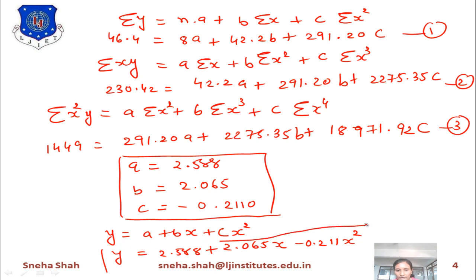So this is your final answer of the parabola for curve fitting. Now you have to estimate for each and every value of x. It means for each value of x, you have to put it in this equation and find out the value of y. So I will rewrite this equation in the next slide.